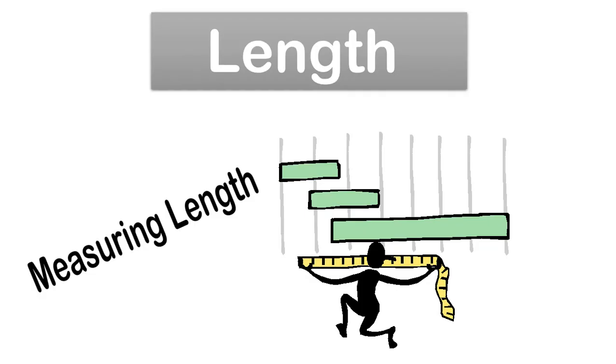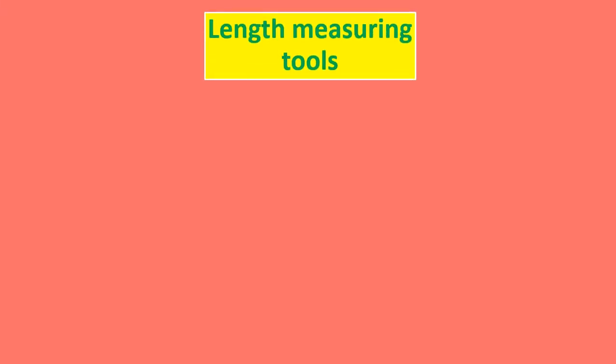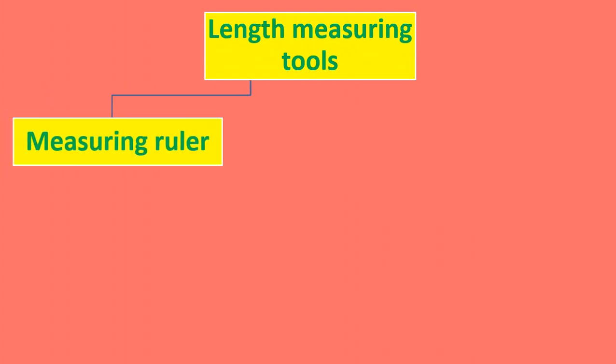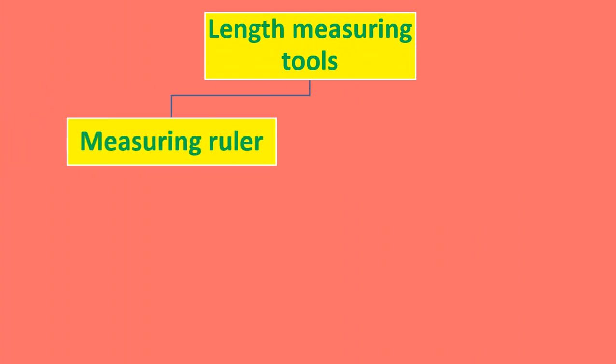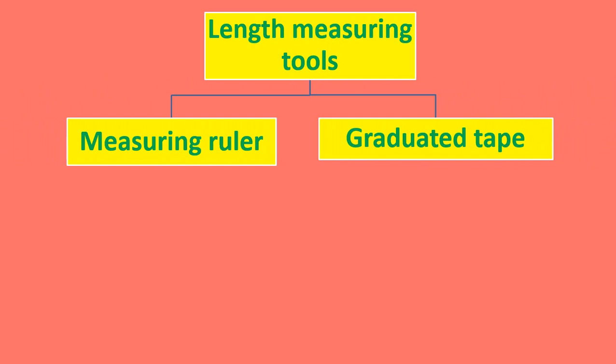Let's talk about the length and what tools we use for measuring it. To measure the length of any object, we use two tools: the measuring ruler and the graduated tape.